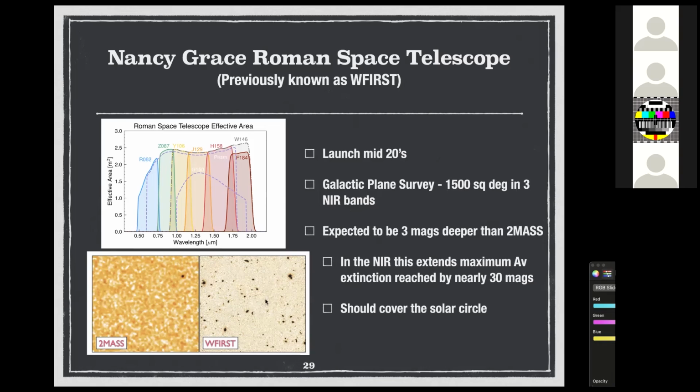Here at the bottom, you can see what improvement we should expect with WFIRST compared to 2MASS on the same size. You can see we get deeper and much higher resolution. So this should give us a homogeneous survey in the near infrared across most of the galactic disk.